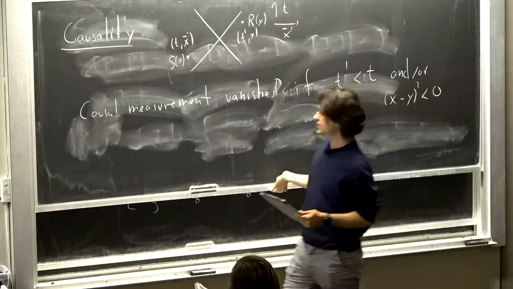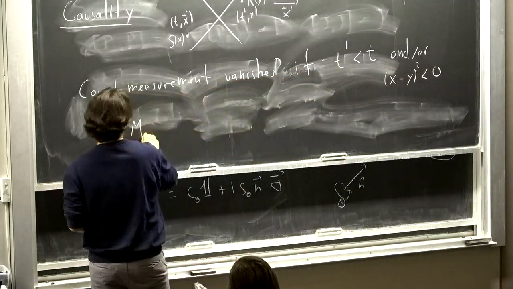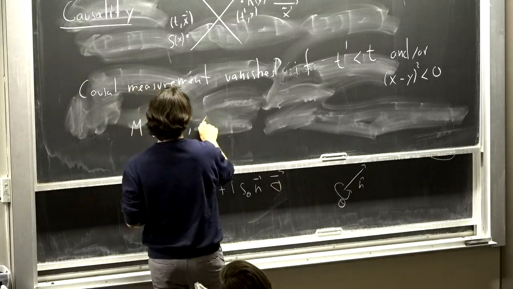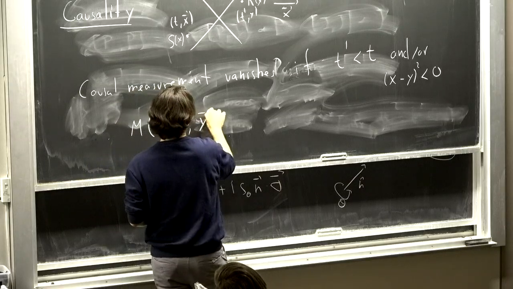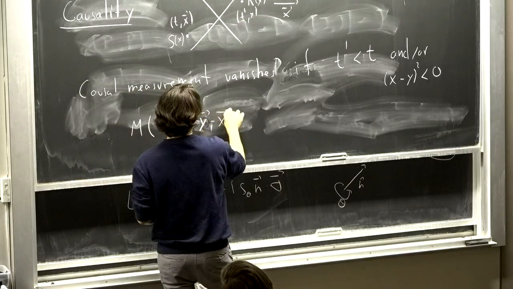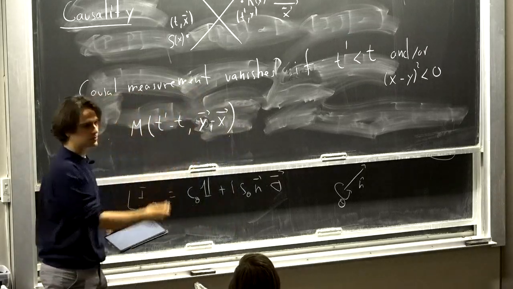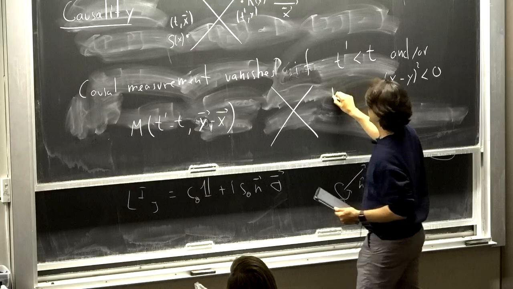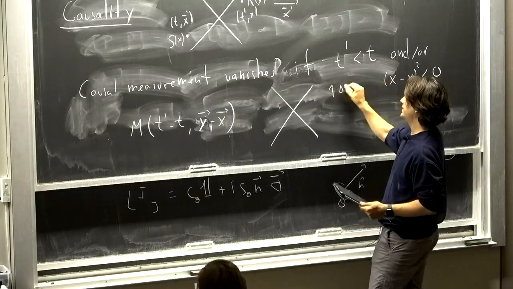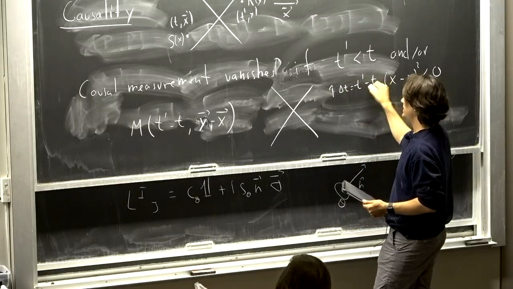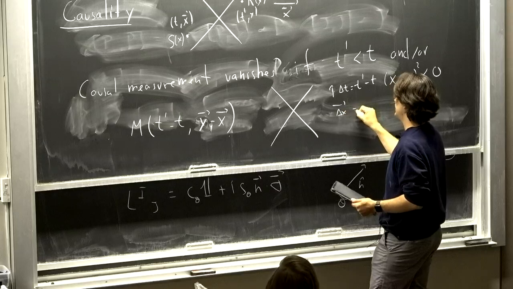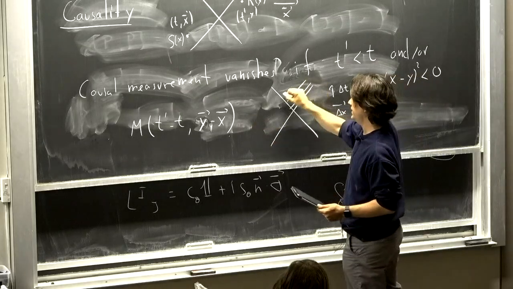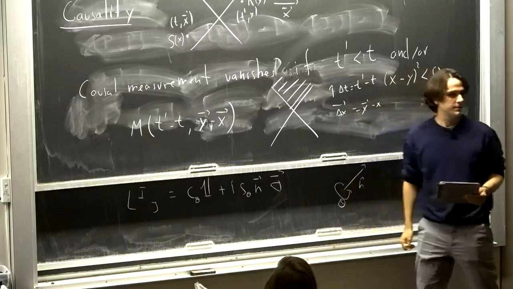So if I have some measurement function that depends on t prime minus t and y minus x, I'm assuming translation invariance, so I'm just writing the differences. And I look at the plane where this is delta t, which is t prime minus t. This is delta x, which is y minus x. This thing is only non-zero in the future light cone.